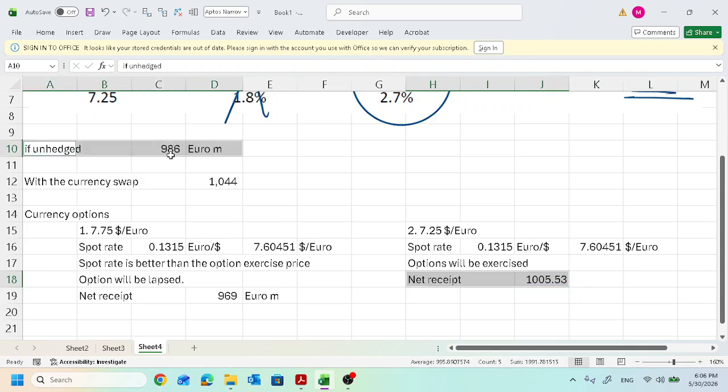See here, unhedged gives you 986 million. This gives you 1,005 even after the option premium you have paid. The option looks better than being unhedged, but it is not as good as the currency swap in this example, based on these numbers. So that is the conclusion you will write.